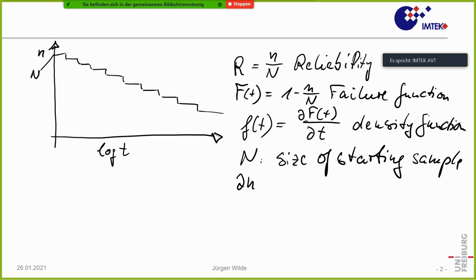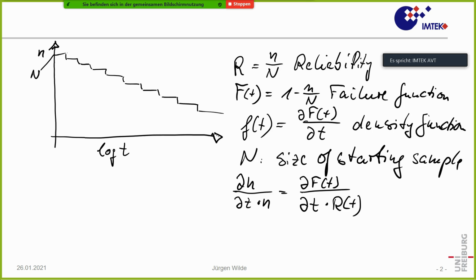When we take the derivative of the survivors n by time, and we divide it by the number existing at that time, that is the failure rate.